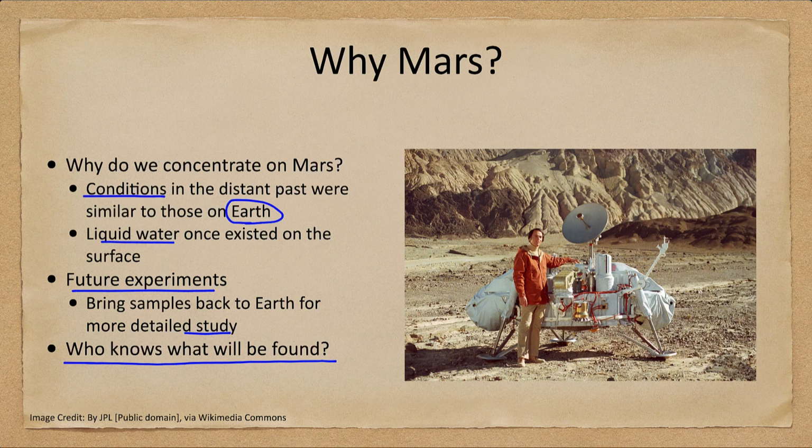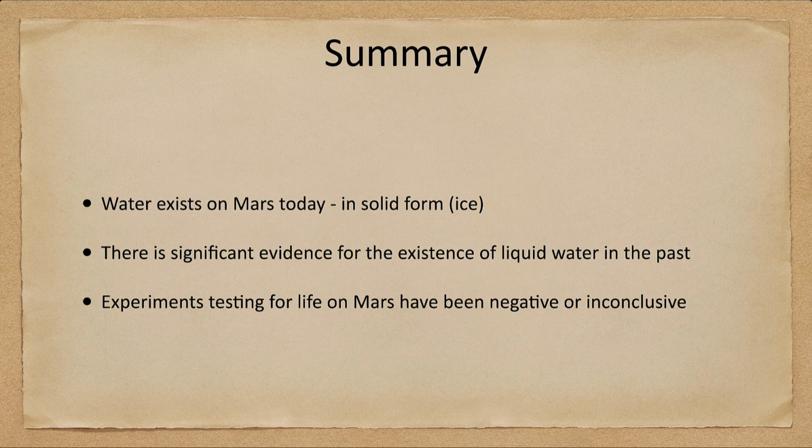So let's go ahead and finish up with our summary. What we've looked at today on Mars is that we do have water on Mars today in a solid form, so ice. There is significant evidence that liquid water also existed in the past. So we know that water has been present on Mars.